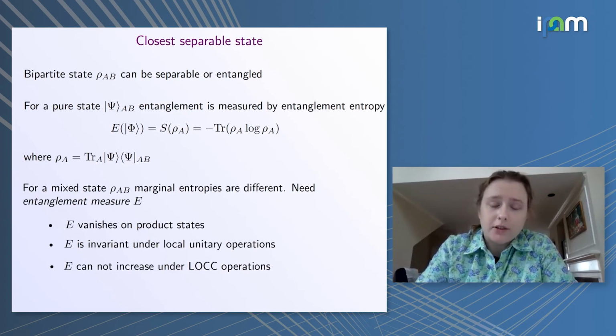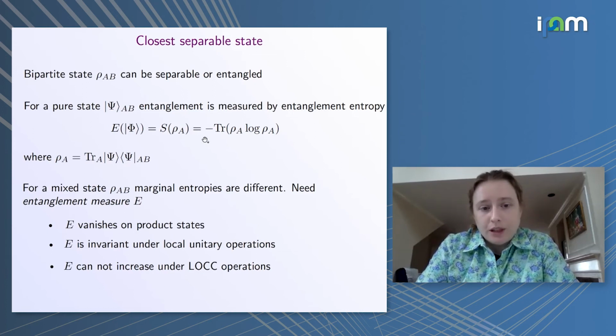Now for mixed states, that's where it gets more complicated, because the marginal entropies are different, so I cannot take this definition anymore. And we need some other entanglement measure.